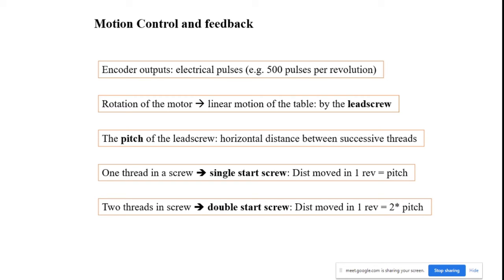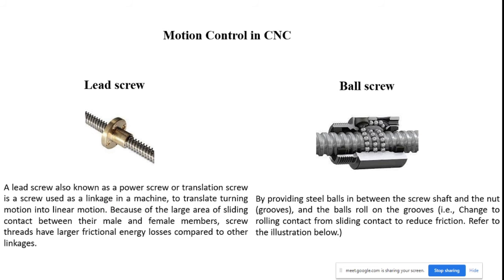If I consider two threads in the screw, the distance moved in one revolution is equal to 2 into pitch. These are all happening in the motion control and feedback mechanism in a CNC machine.